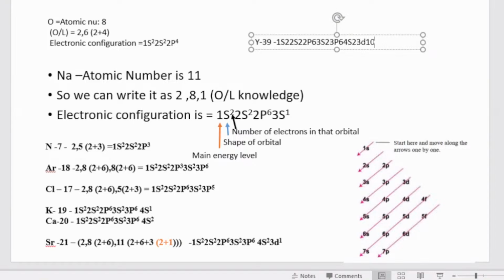After 3d, it's 4p. 4p6. Then 36. Then after 4p, it's 5s. 5s2. Then after 5s, it's 4d.